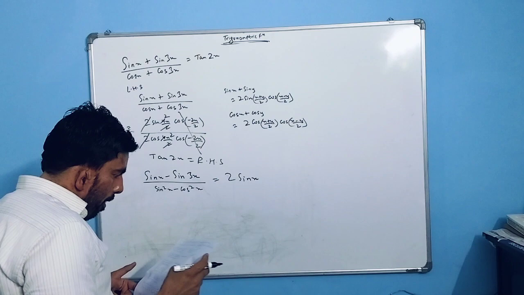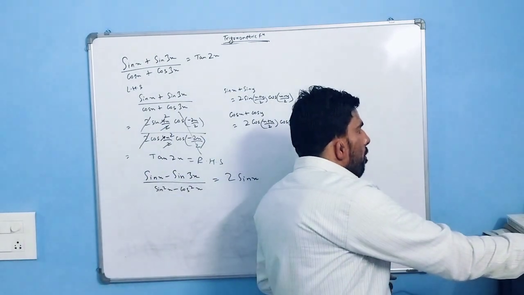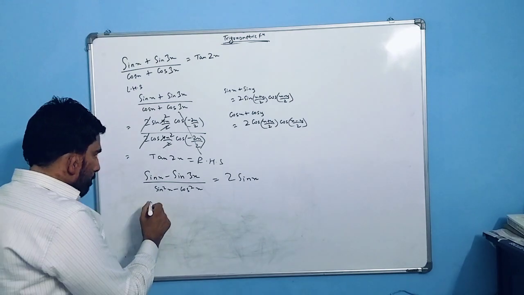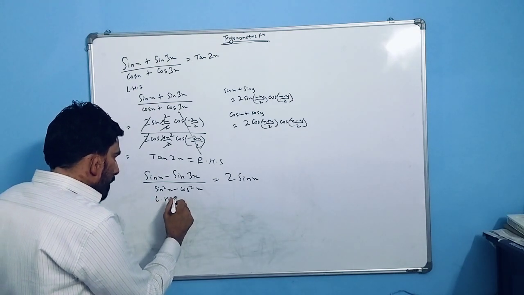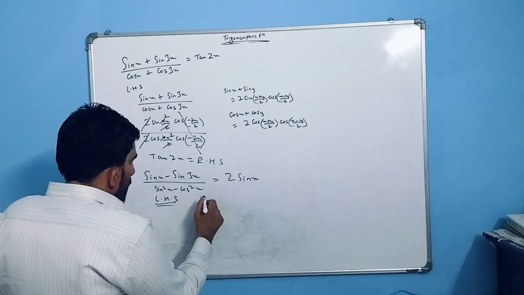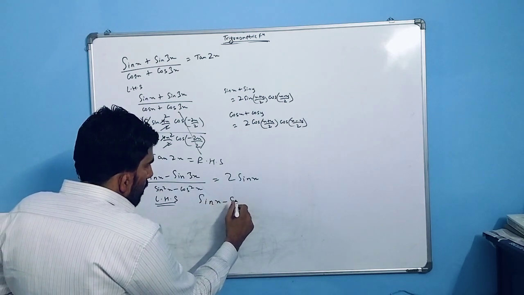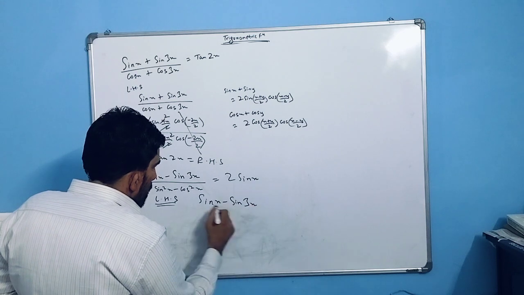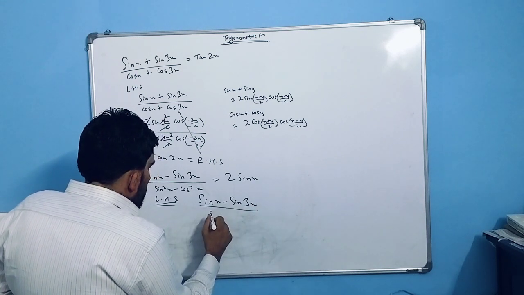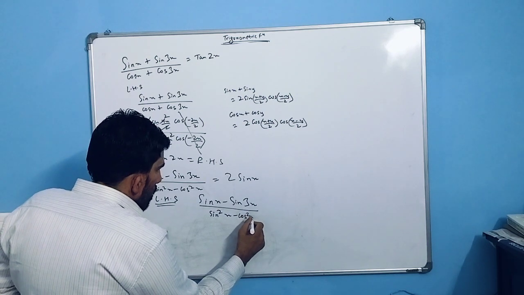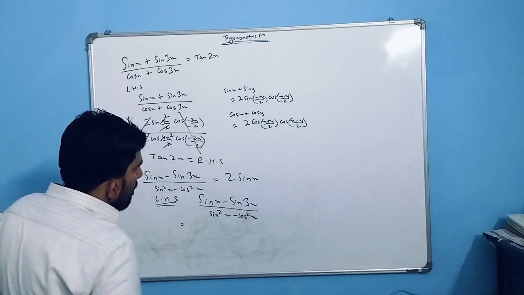Now let us see how we can solve this numerical. First of all, we'll sort out what is LHS. That is, LHS is given: sin x minus sin 3x upon sin square x minus cos square x.